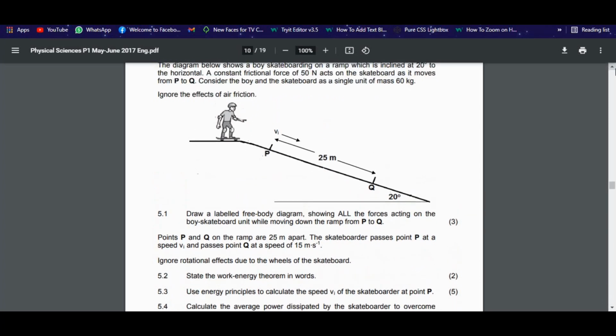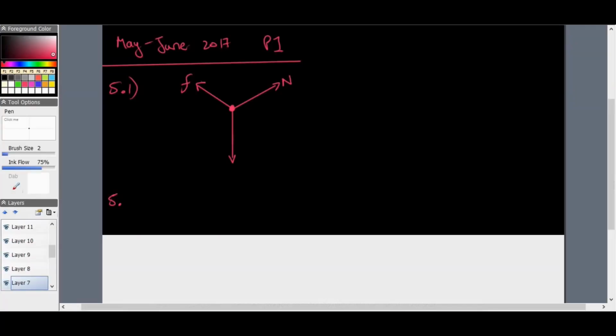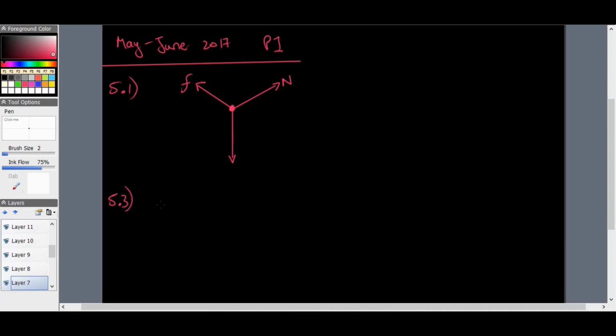All right, 5.3, which is why I didn't write it complete here. 5.3's question was to determine the initial velocity. There's a couple ways that we can obviously do this. Of course we use the same formula though, energy principles.